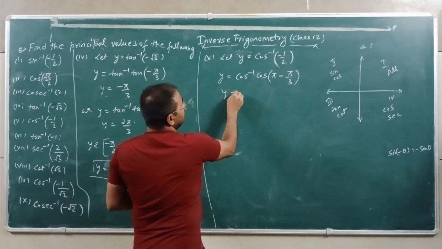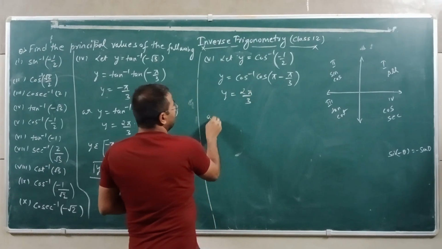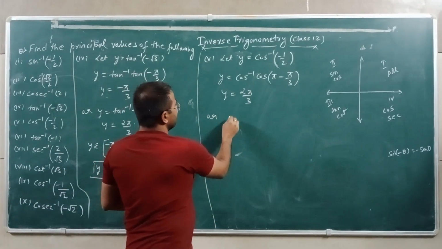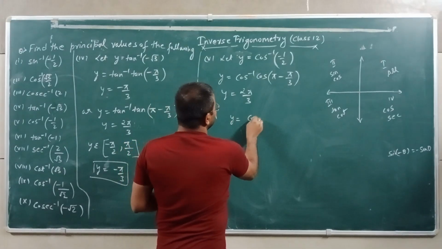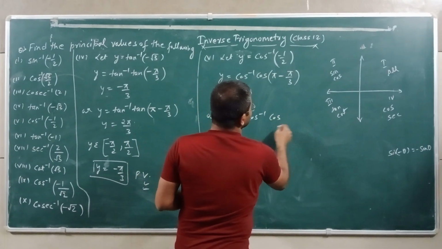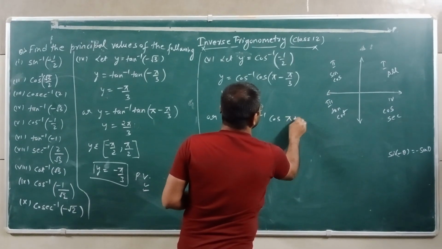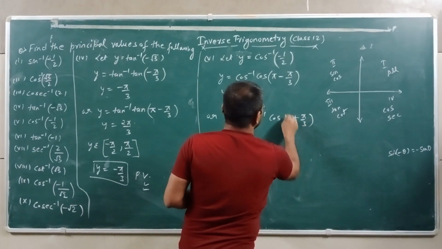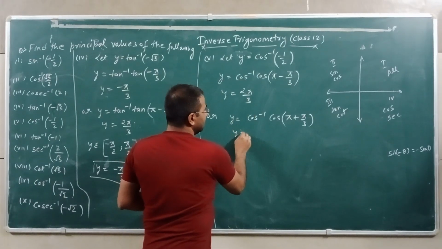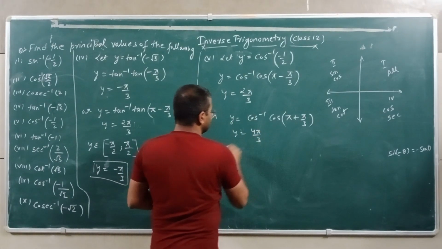Now see, y will be 2 pi upon 3, or this can be written as y is equal to cos inverse cos, in the third quadrant you will write pi plus pi upon 3. So y is equal to 4 pi upon 3 will come.